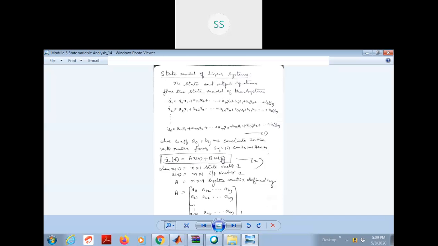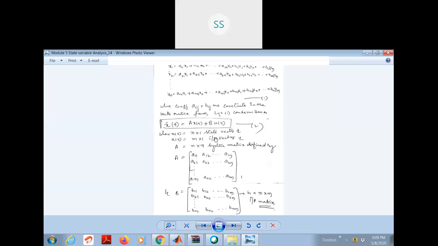So matrix A is a matrix of all the coefficients of the state variables in equation 1. Similarly, matrix B is obtained from the coefficients of the u of t vector.